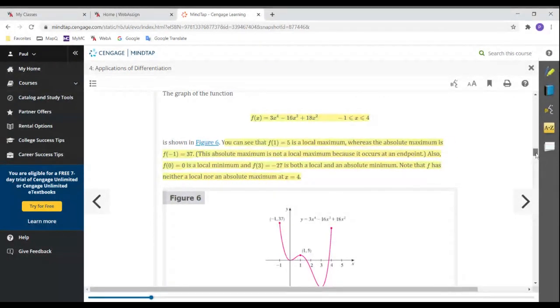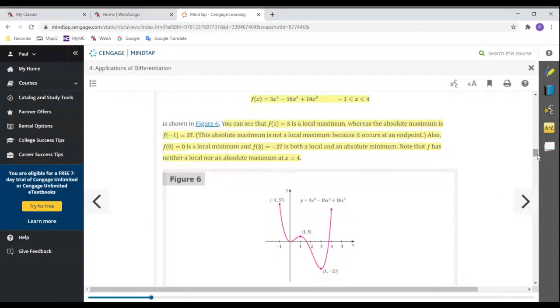So f of 1 equals 5 is a local maximum, but the absolute maximum is f of -1 equals 37. Clearly, it's the highest value. But the absolute maximum in this case is not a local maximum. Got to be a little bit careful here.